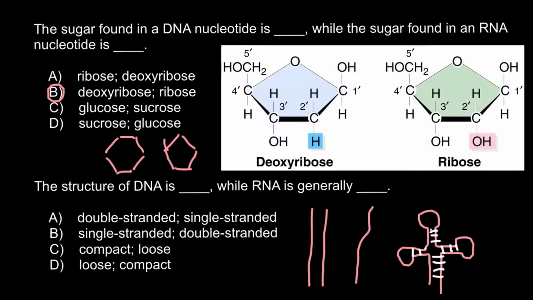So in eukaryotes, RNA is usually found in such a form and not in linear form like in bacteria.